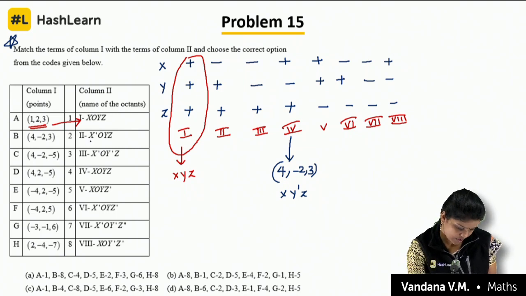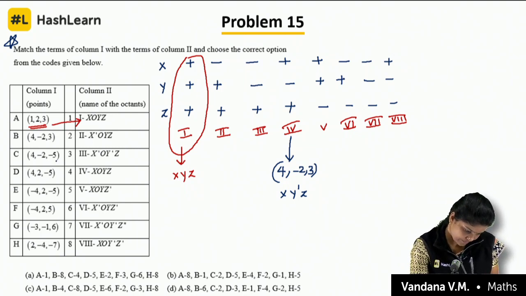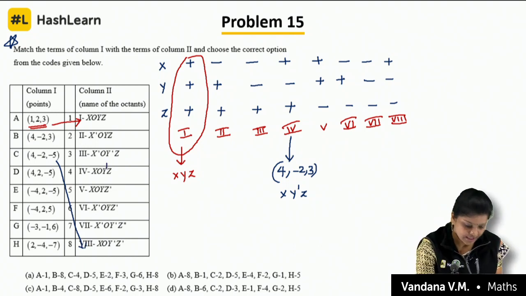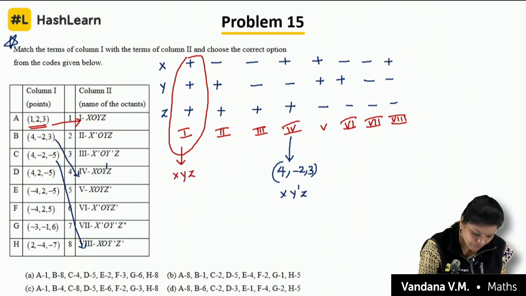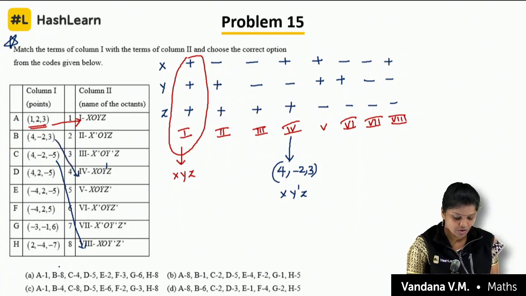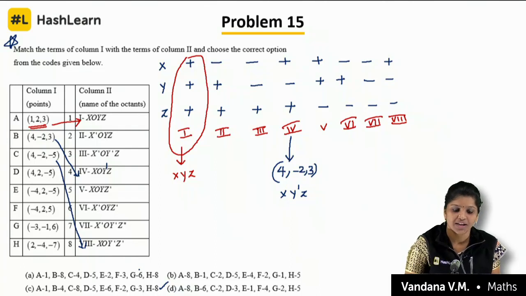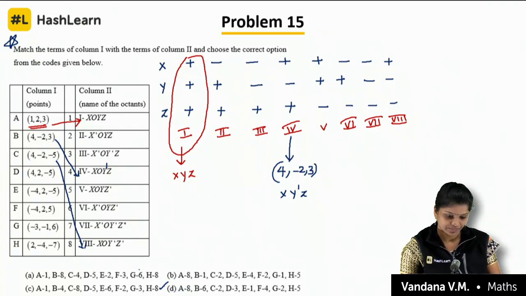Minus 2, okay, correct. This maps to this. But here they typed it wrong. It should be Y dash Z. That is the reason why I am getting confused. Yes, this is option C, because when I verify, I can easily pick the option with others. Very good, Arshad Khan. You understood the octants, right? Yes. Next.